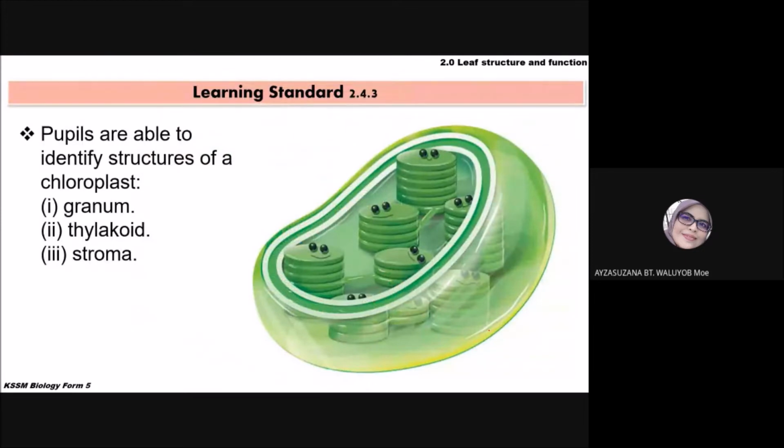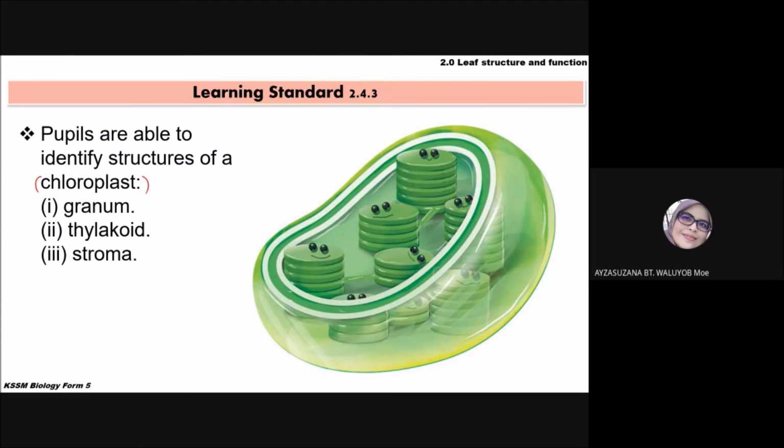Okay, now we are going to learn the important part of the photosynthesis process, that is the chloroplast. Okay, chloroplast. So this is the structure of the chloroplast. You can also refer to your buku text, page 42. Stroma.